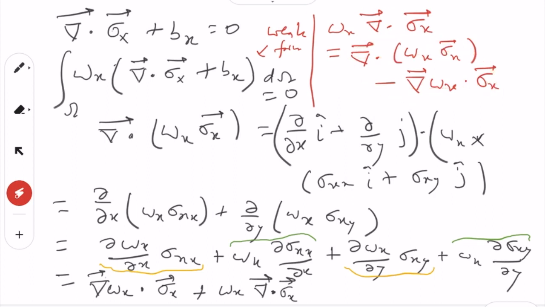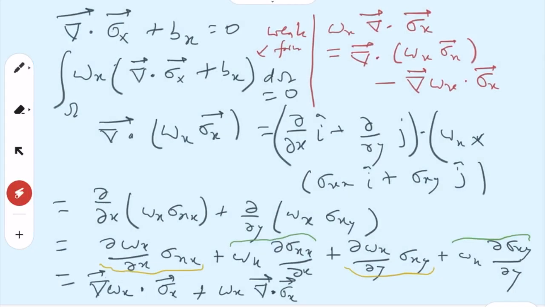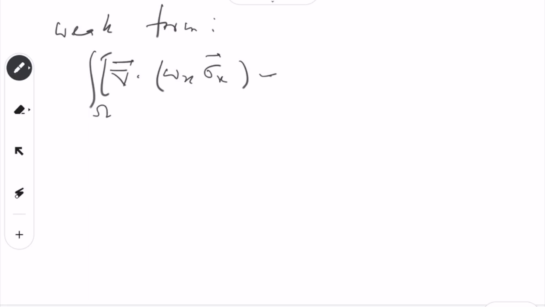So gradient of Wx sigma x. Sorry, divergence of Wx sigma x, minus gradient of Wx dot sigma x.